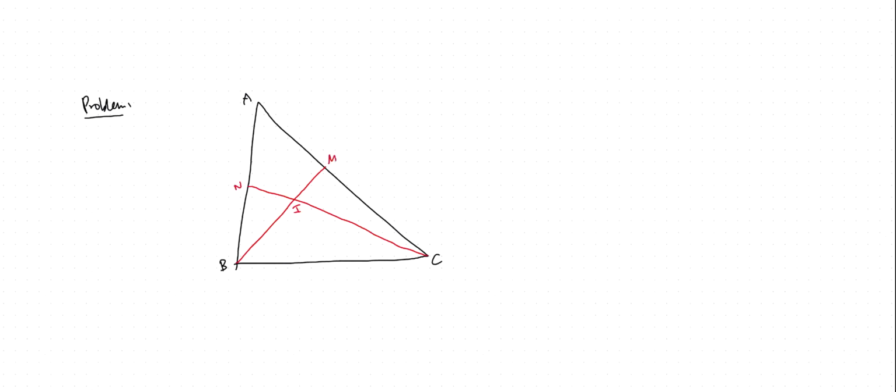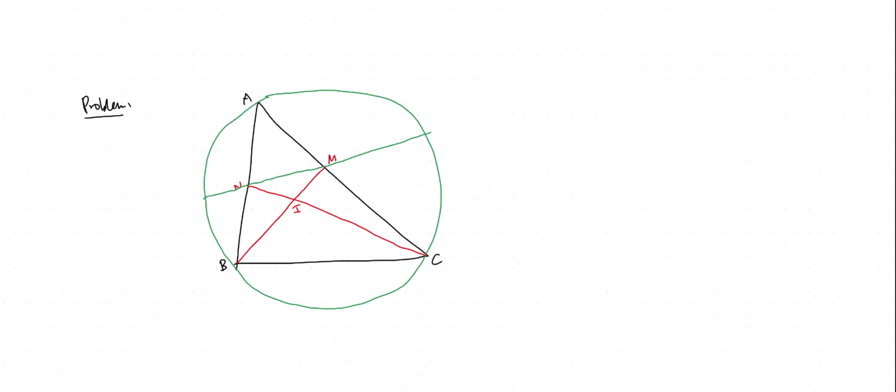And you draw the circumcircle, and the line MN intersects the circumcircle at X, Y. So show that this circumcircle of IXY is twice the size of the green circle.